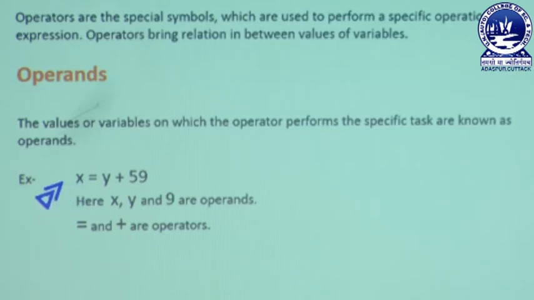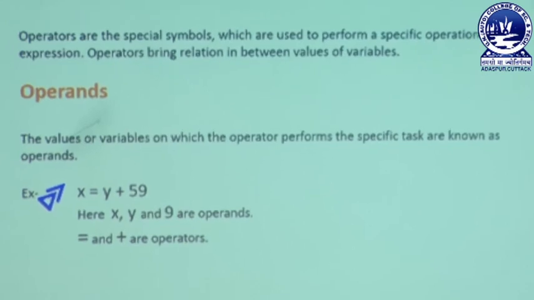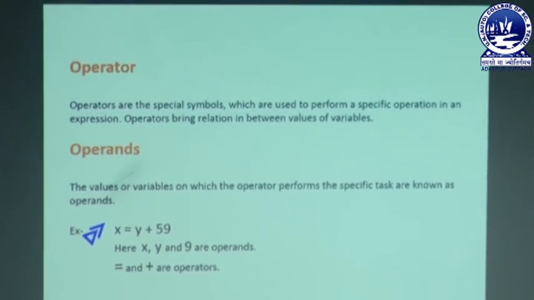That means x, y and 59 are operands, and similarly equal to and plus symbols are operators. So these are all about the operator and operands.